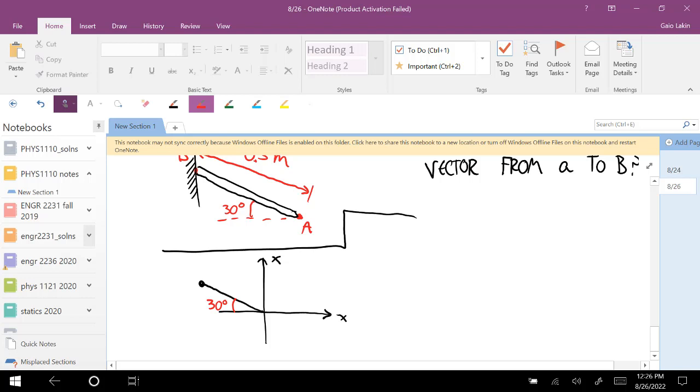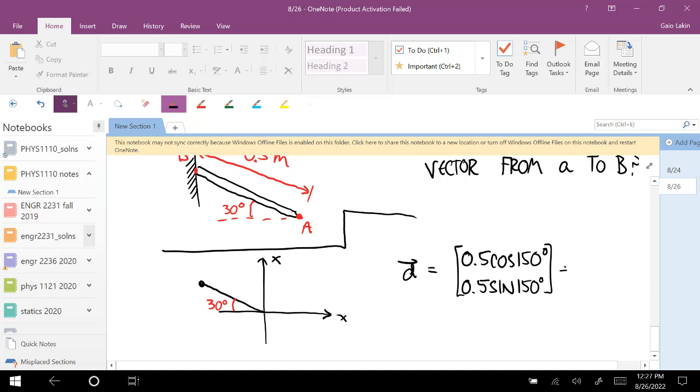What's the counterclockwise angle from the positive x-axis to this vector? 150, yep, 180 minus 30. And so that vector D is equal to 0.5 times the cosine of 150, 0.5 times the sine of 150, and that is negative 0.433, positive 0.25.